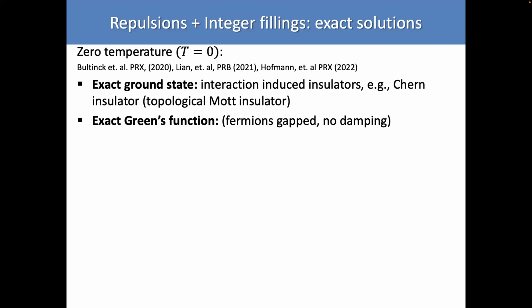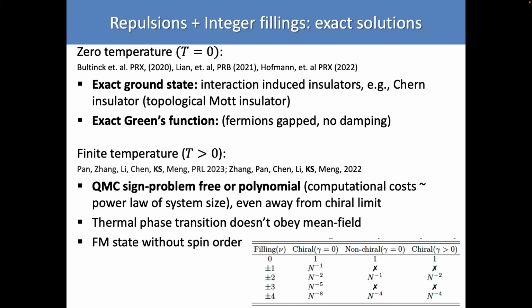That's what happens at zero temperature. But if we go to finite temperature, unfortunately, this exact solution does not exist anymore. But at finite temperature for these flat band systems, it turns out we can do quantum Monte Carlo simulations. Typically for correlated electron systems, doing quantum simulation is very, very hard because the computational cost scales exponentially with system size.